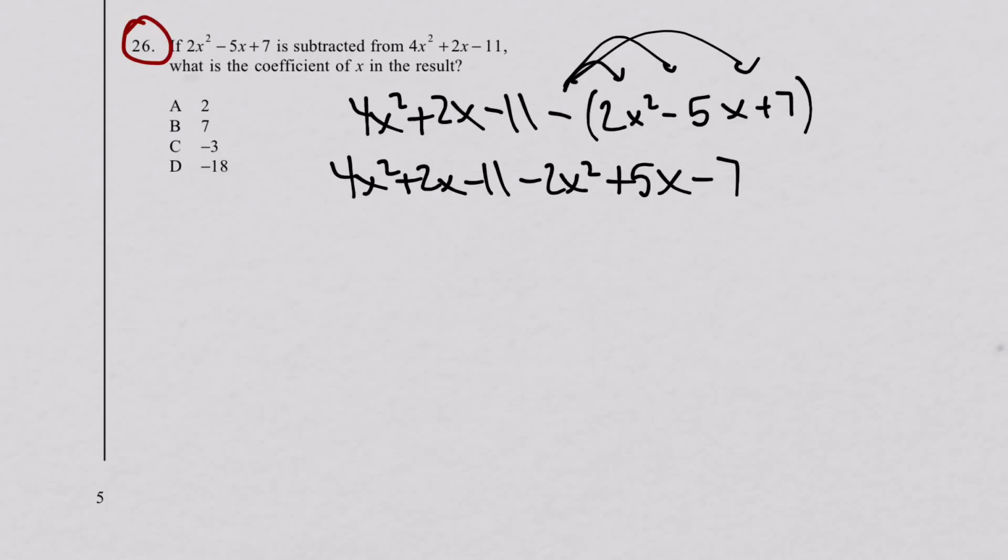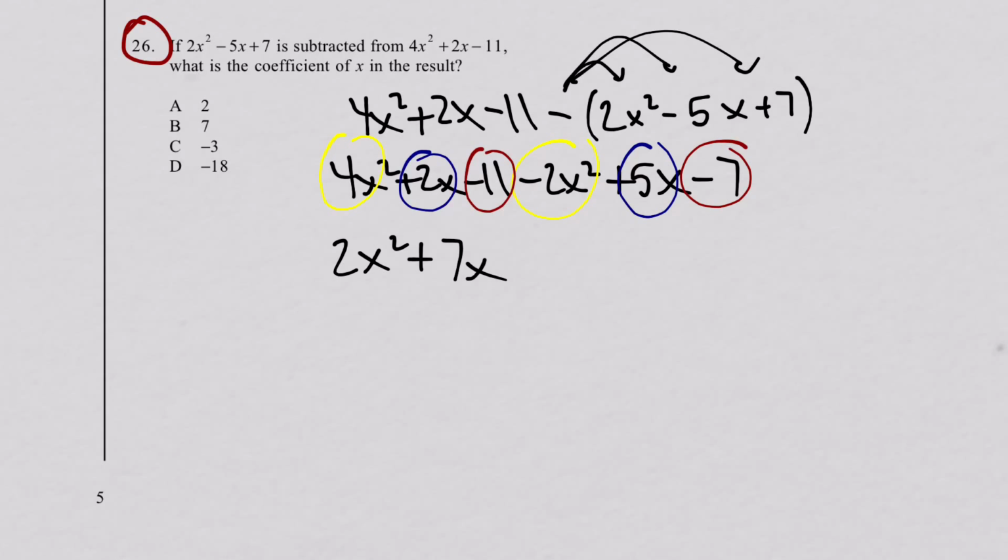And then just combine like terms. 4x squared and negative 2x squared combined together make 2x squared. 2x and 5x together makes 7x. And finally, negative 11 and negative 7 together make negative 18.